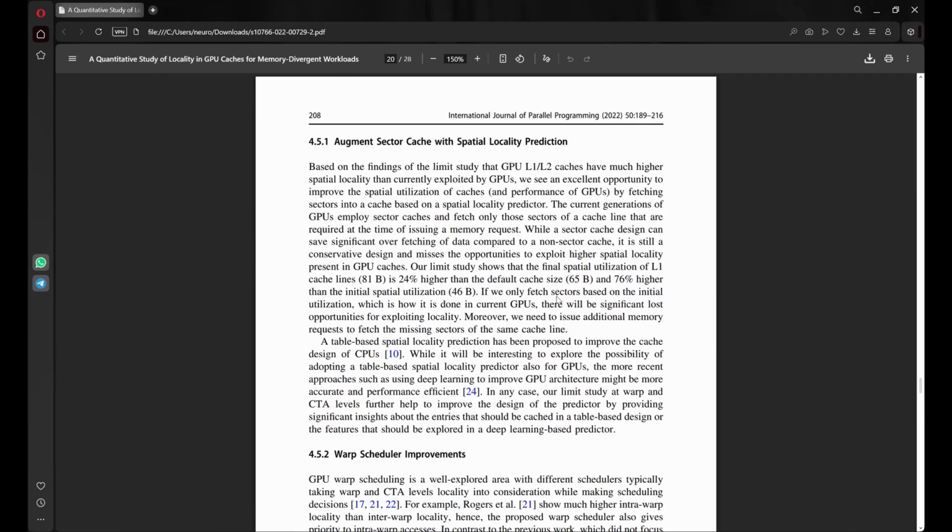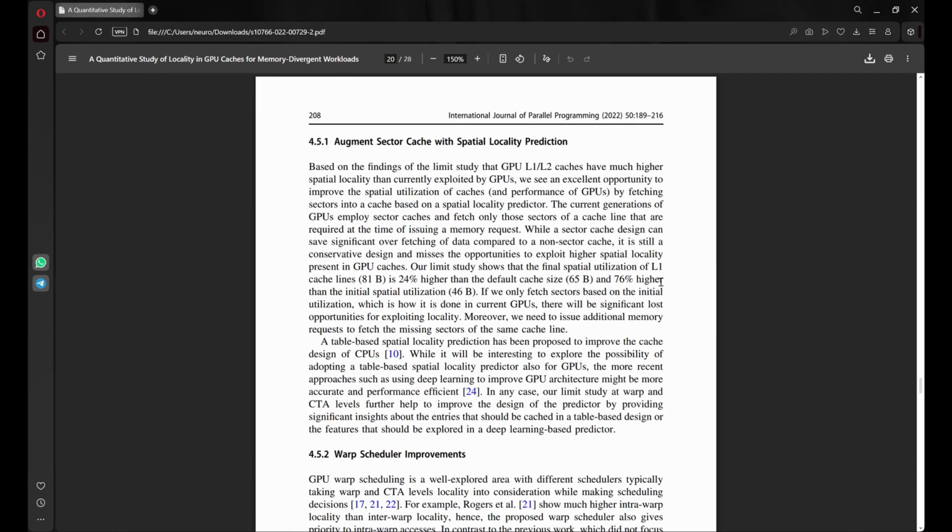If we only fetch sectors based on initial utilization, which is how it's currently done in current GPUs, there will be significant lost opportunities for exploiting locality. So what this section is essentially saying is that with cache size bottlenecks, we see that there's 65 bytes of cache line utilized before eviction.